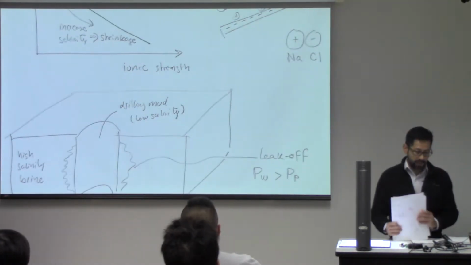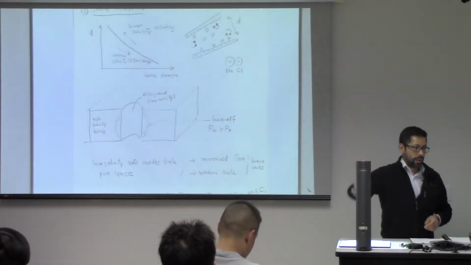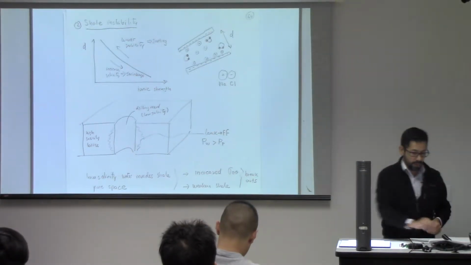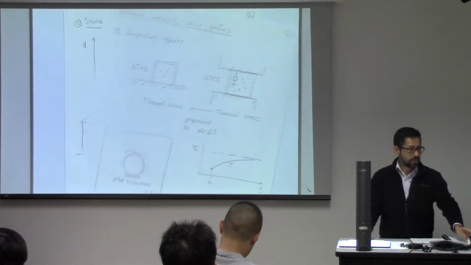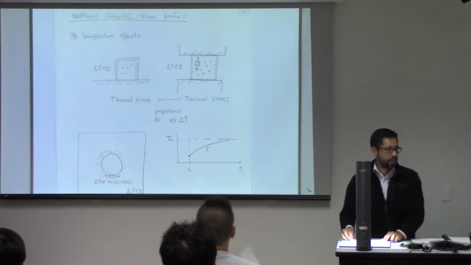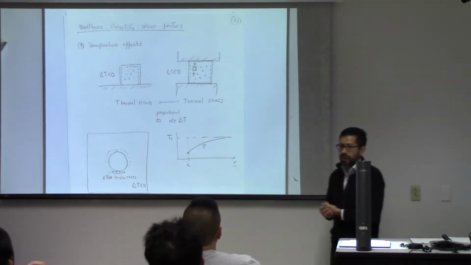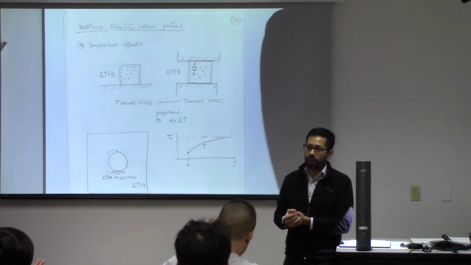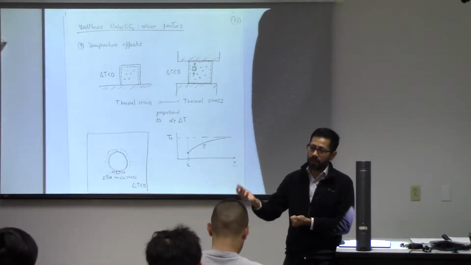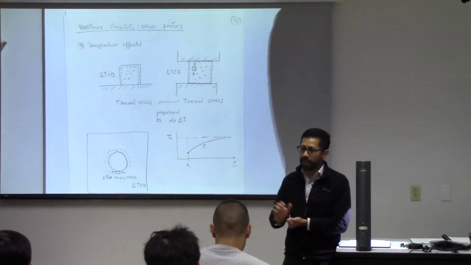And this is the last thing that we saw. So there are 4 very important factors to take into consideration for wellbore stability other than the ones that we have already seen about tensile fractures, shear fractures, and wellbore deviation.